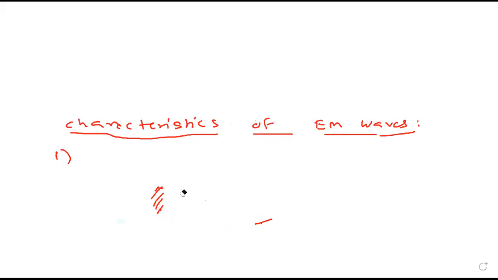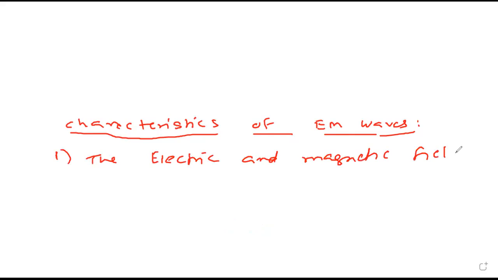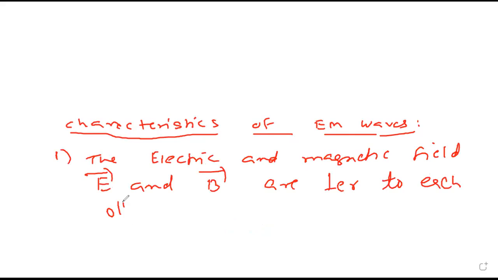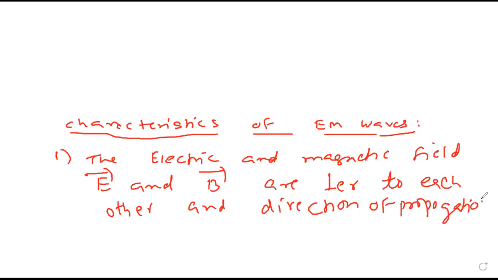The electric and magnetic field denoted by E bar and B bar are perpendicular to each other and to the direction of propagation of the electromagnetic waves.